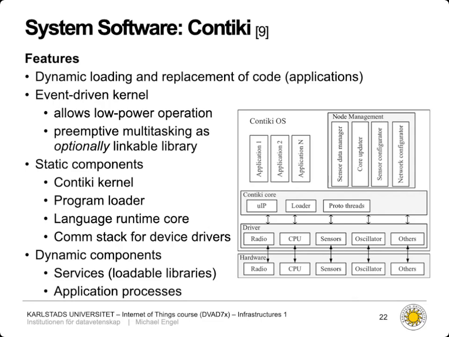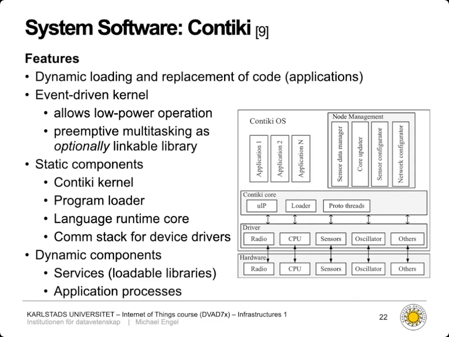Here on the right-hand side, you see a typical structure. On the bottom, you have the hardware consisting, as we've seen, of a CPU, radios, sensors, a frequency source, which you can manipulate, for example, to slow down your CPU to save energy where there's not a lot to do, and maybe other things. You have a driver for each of these hardware components that's responsible for controlling this hardware, and you can access these from the Contiki core, using a loader, using what's called proto-threads, a cooperative multitasking scheme, and also a network stack.